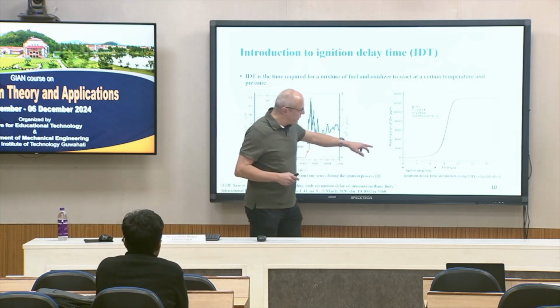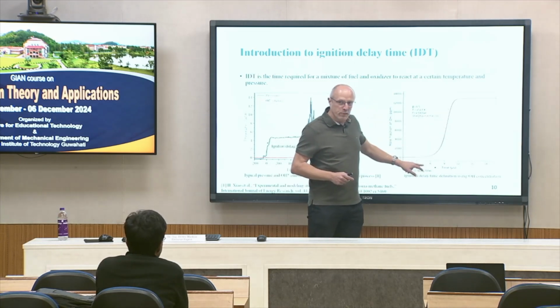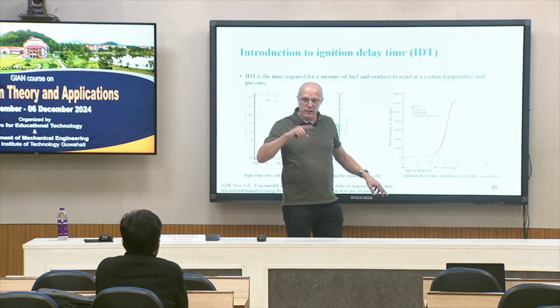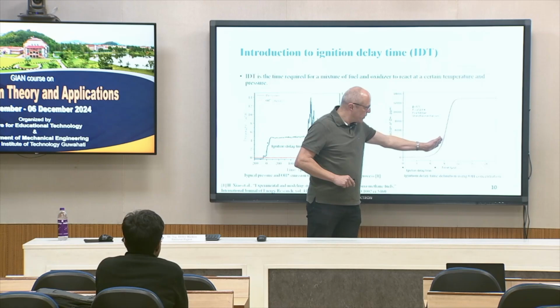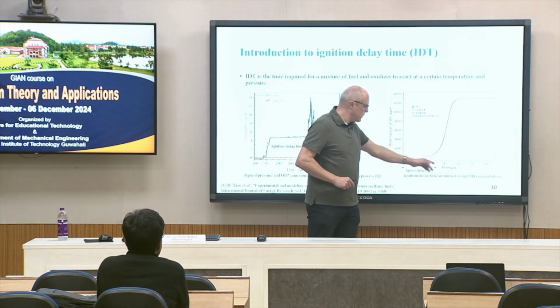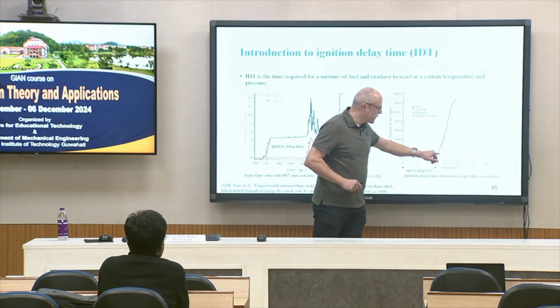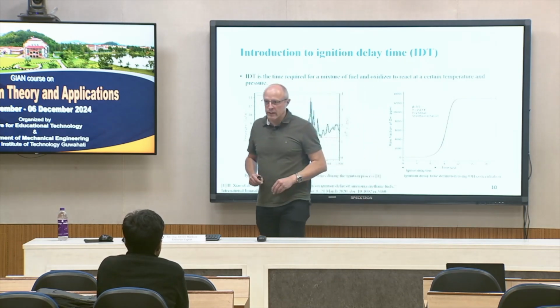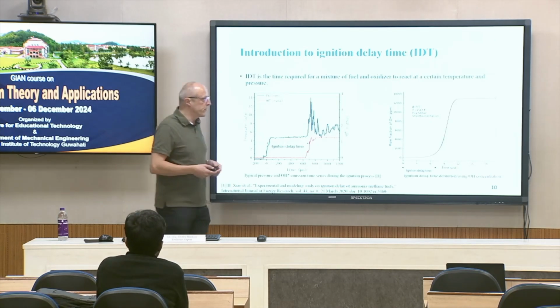Or you can find in the literature something like this. You examine the maximum slope of your OH signal, and then you use this line to check, okay, at OH equals 0, at that point, there is my ignition delay time. So you have a lot of different definitions.